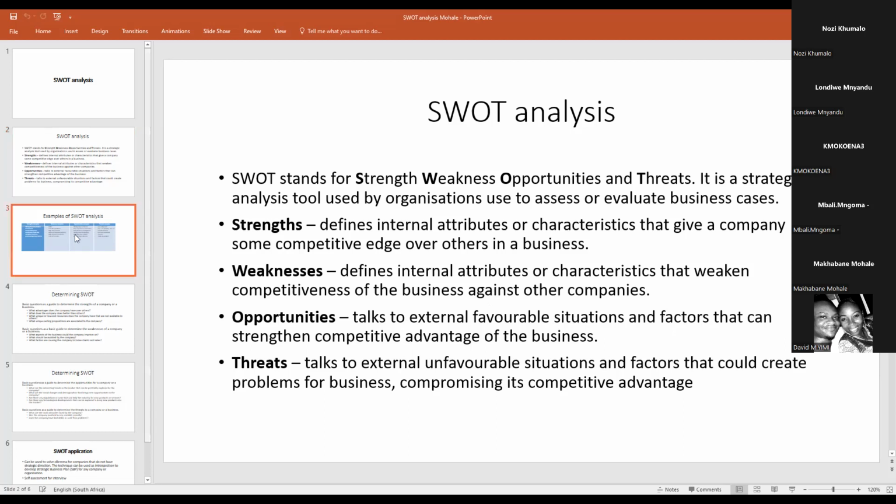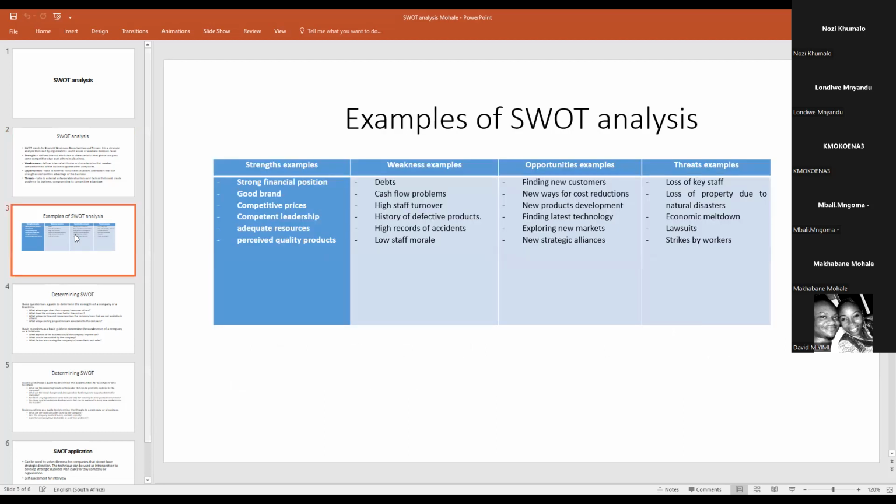This tool is normally used in different organizations or companies, but I've tried to summarize some examples to show how SWOT analysis can be used to find problems, opportunities or threats in the organization. First, I've listed the strength examples.